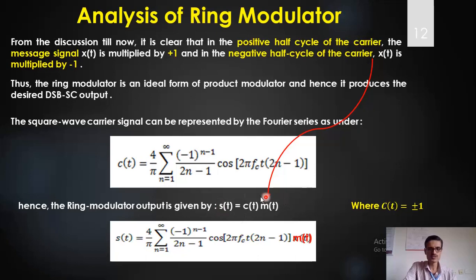That is, s of t in the time domain is c of t multiplied by m of t. What is c of t? The c of t is the carrier, and in my case I have considered the carrier as a square wave. But c of t is actually either plus or minus 1.